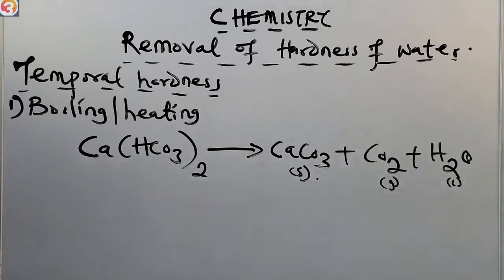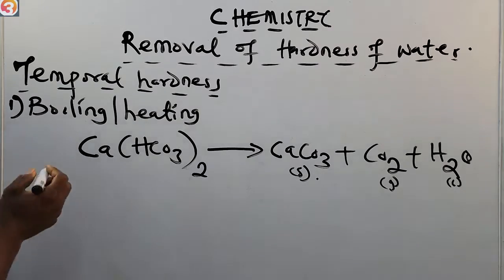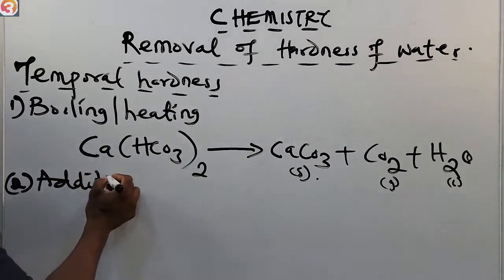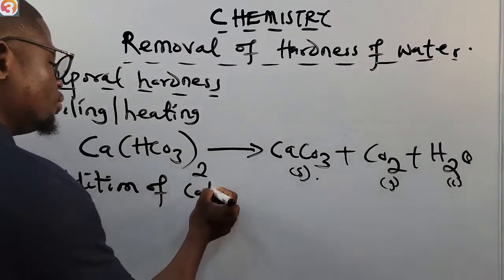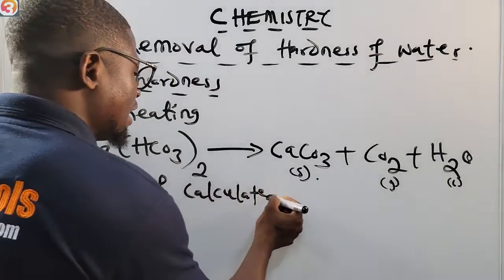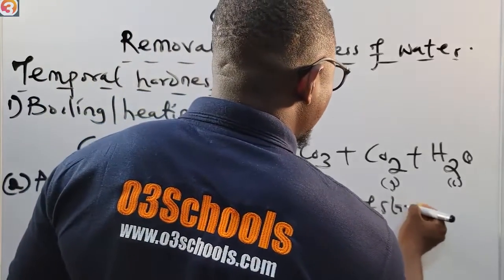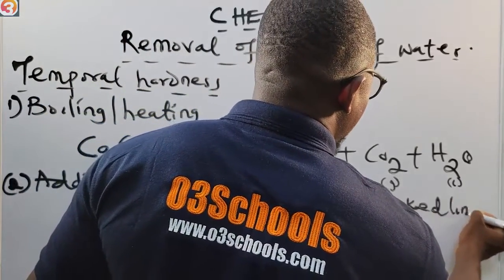Now, another method for removing temporary hardness of water is number 2, addition of a calculated amount of slaked lime.